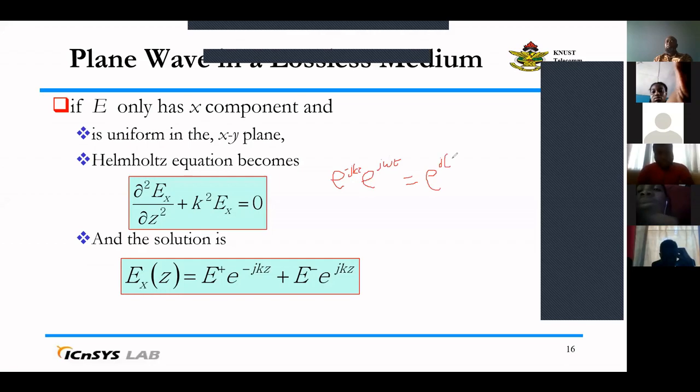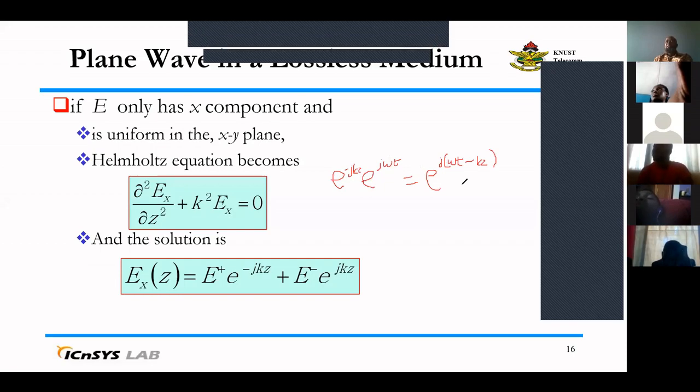So this will be e^{j(ωt − kz)}. So e to the j(ωt − kz).